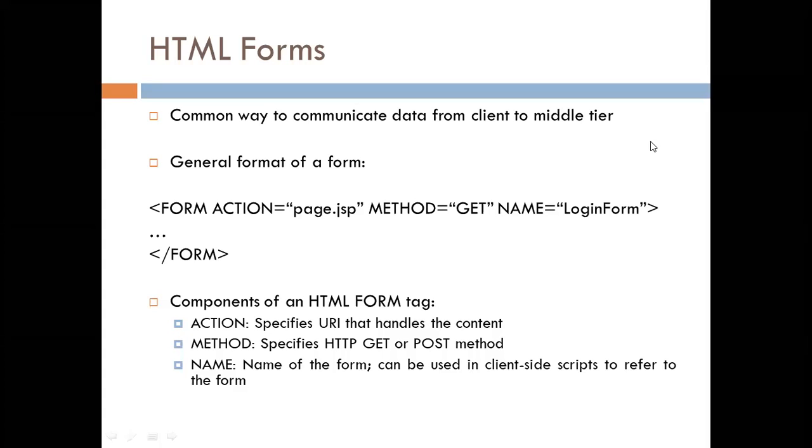A common format for a form is like this: a form tag, action page.jsp, method equal to get, name equal to login form. Here we'll put the elements and close the form tag. Whatever action is there, that is the page to which the control will be transferred when we click on the submit button.